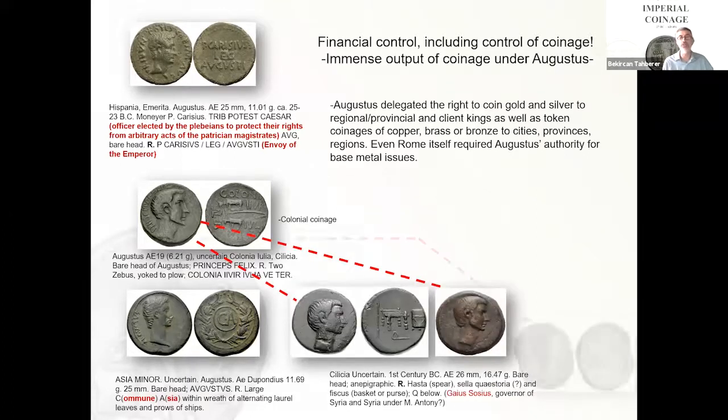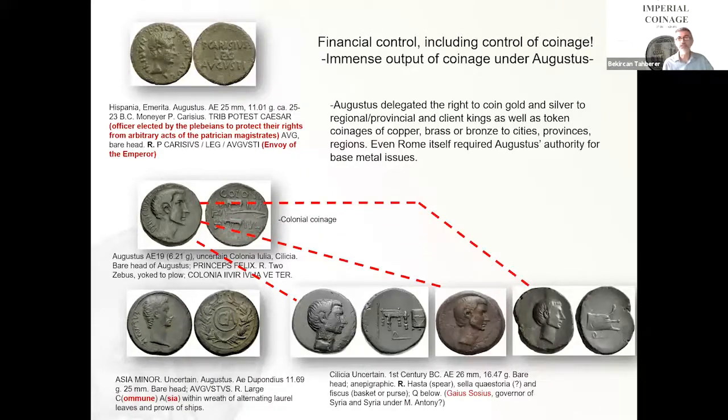He has so many coins that we cannot attribute properly. So this one that you see here, I'm quite sure where they were minted. I was able to see the finding locations of these coins.